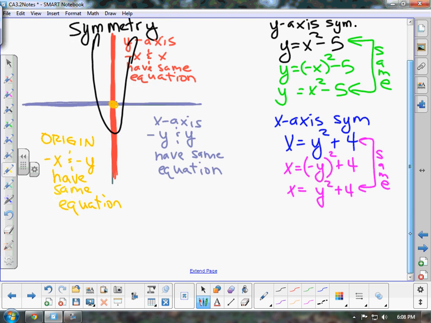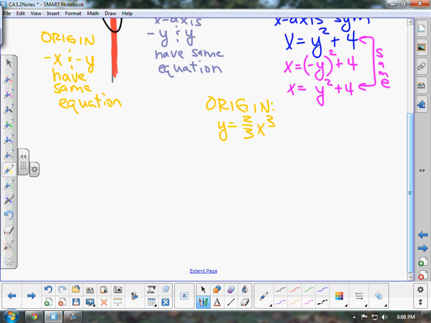And for origin symmetry, something like y equals 2/3 x cubed would be something that's origin symmetric. What you have to do there is substitute a negative y in and a negative x.